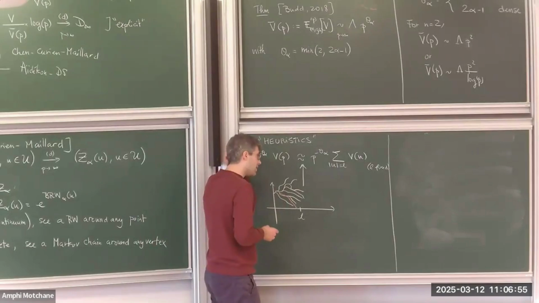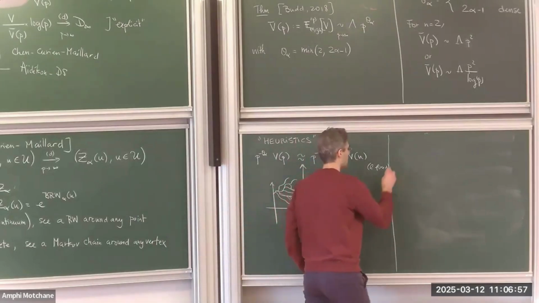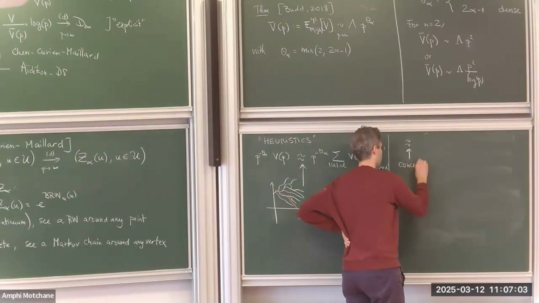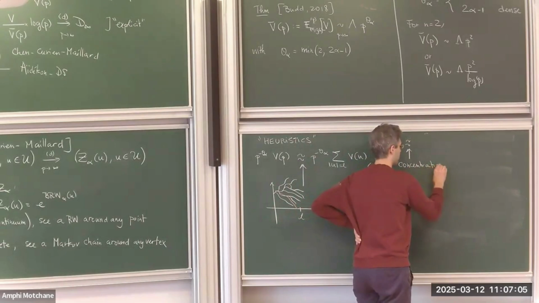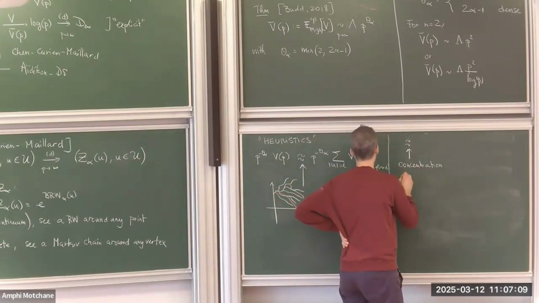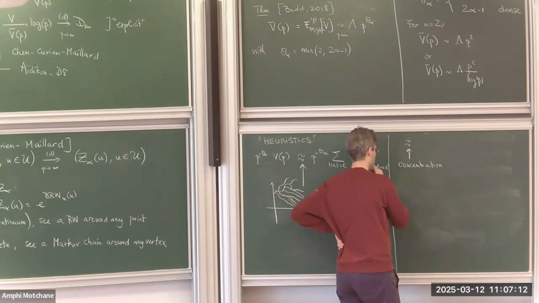So given this, you can say, assume that we knew some kind of law of large numbers concentration for these sums of volumes.